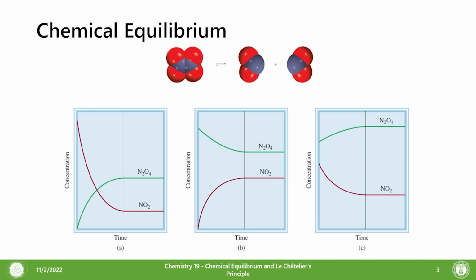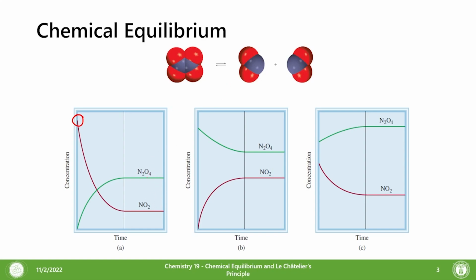Okay, so if we are given initially only nitrogen dioxide, then that will be slowly reversing to the backward direction and forming N2O4.